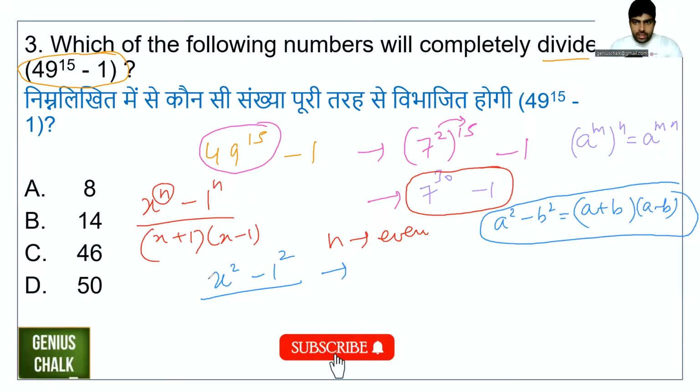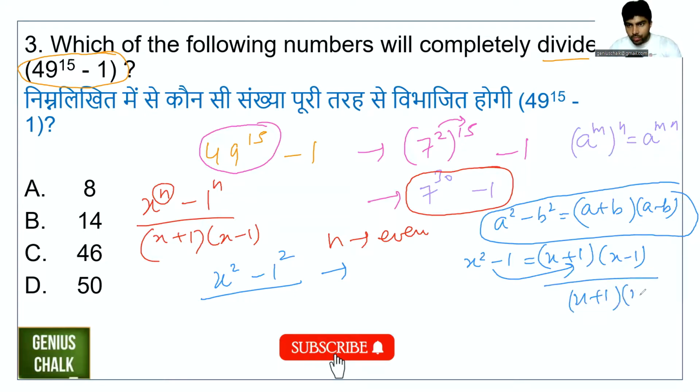So x square minus 1 can be written like x plus 1 and x minus 1. That means if this number can be written like this, this is divisible by both, right? So this is the reason we say that if this n is even, this number is divisible by both.